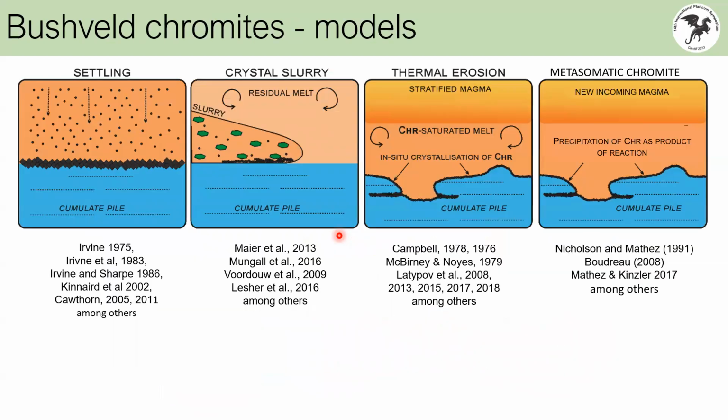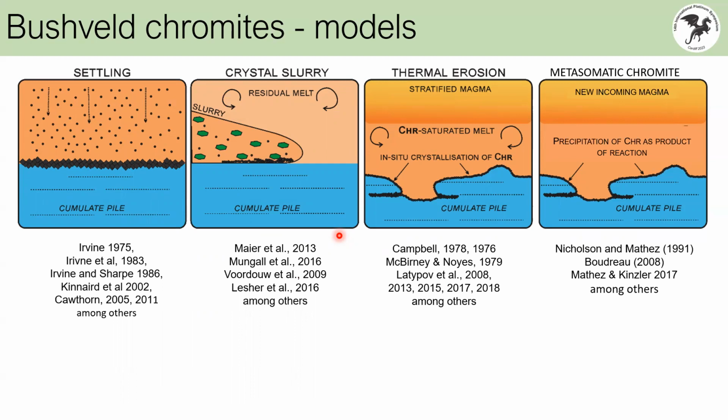The chromite community has so many models for how they form. I just put 4 here, and I'm sorry if I missed something. I'm a kind of intruder into the chromite community because I focus so much on microstructure in my research that I'm not very good on chromite solubility or trace elements in chromite. So today was very useful for me, for example, this morning listening about the solubility of chromites in magmas.